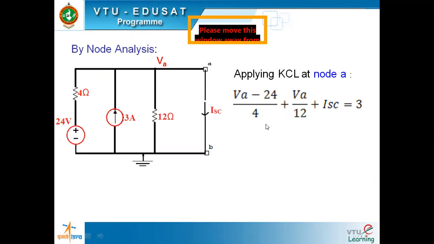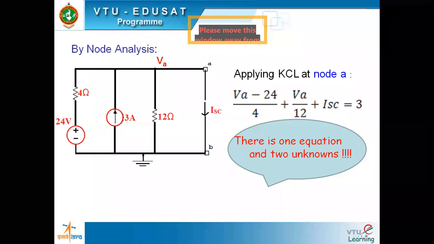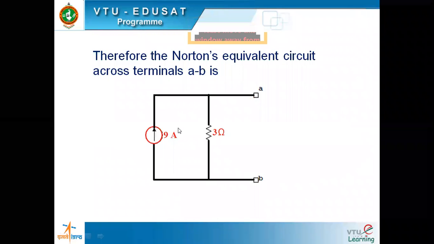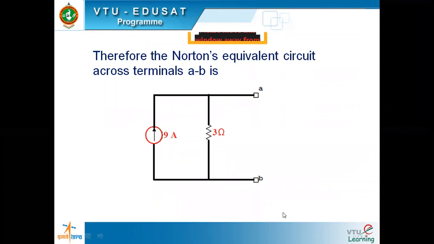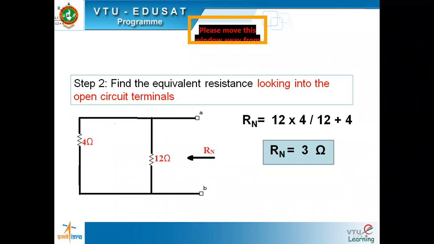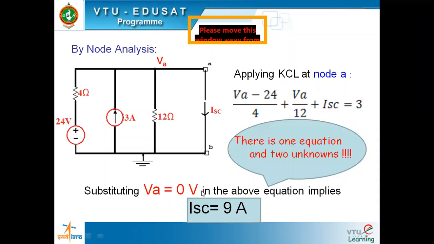That's why we said there is one equation and two unknowns. Substituting VA equal to 0 in the above equation implies ISC is 9 amperes. Everybody's okay with that? So we have found the Norton's equivalent circuit across AB. 3 ohms was what we had as Norton's resistance, and ISC is what we have just got by substituting VA as 0.